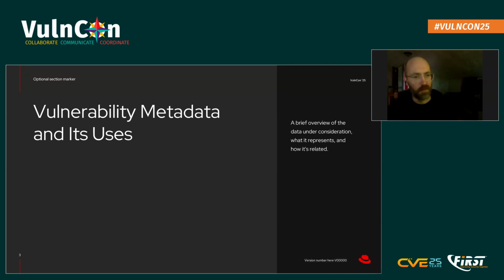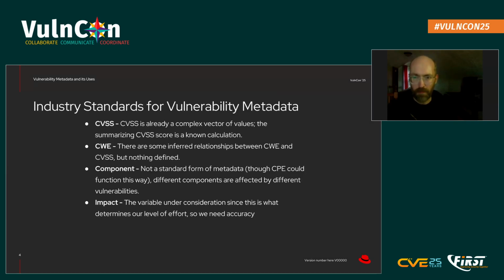So we're going to start looking at which metadata specifically we chose and how we chose to use it. Next slide, please. So there are three major types of information that we're going to use in this analysis. That is CVSS, CWE, and component.